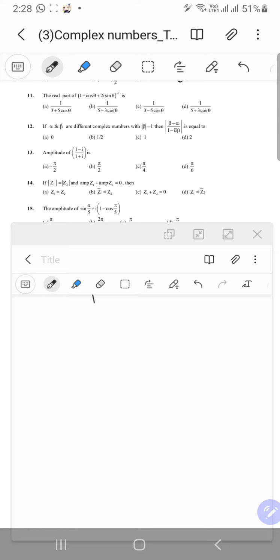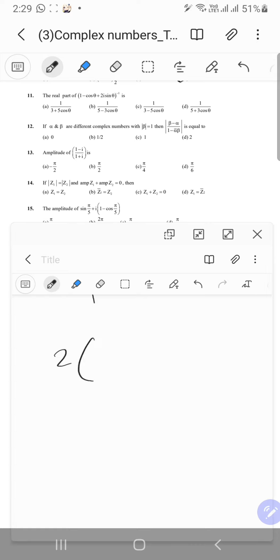Can we take 2 common, and that will give a cosine squared over there? That's not a nice idea. Sine squared, and it's going to give 2 sine cosine. Maybe you can take out that cosine from there, which is a real thing. From that you get a cosine-i-sine format, so maybe it will work.